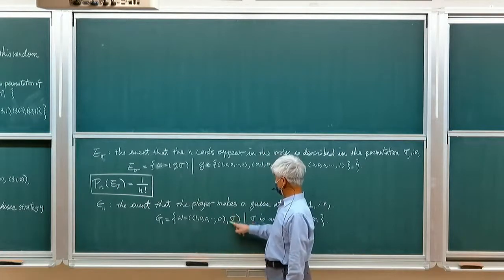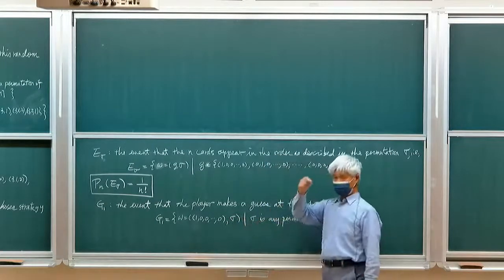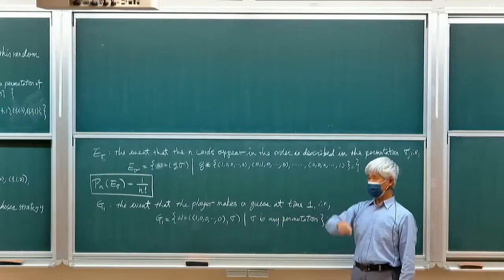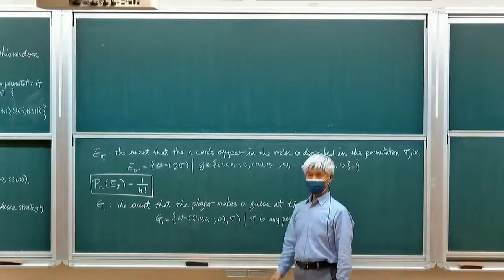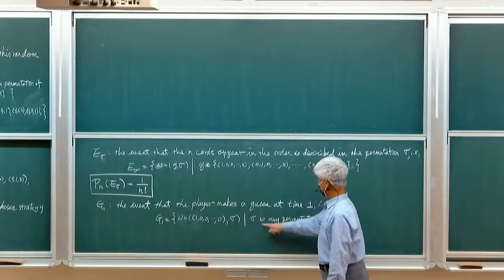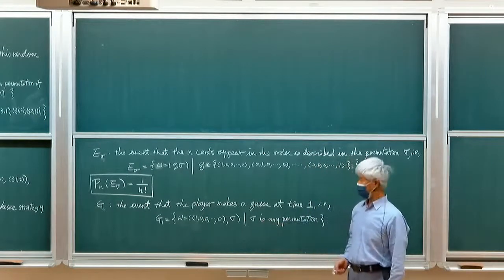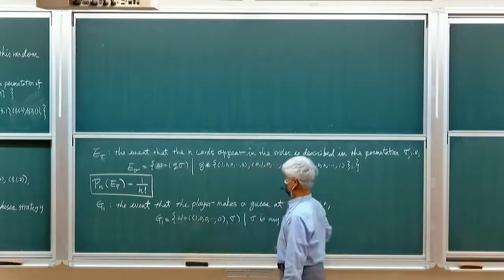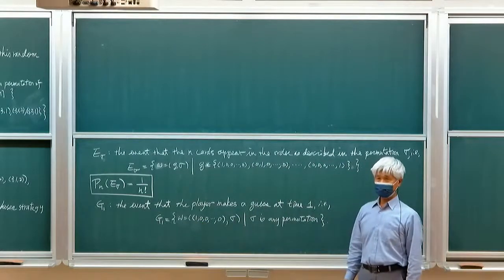And the permutation, the sequence of the cards appearing, will be arbitrary. So G1 is this event.